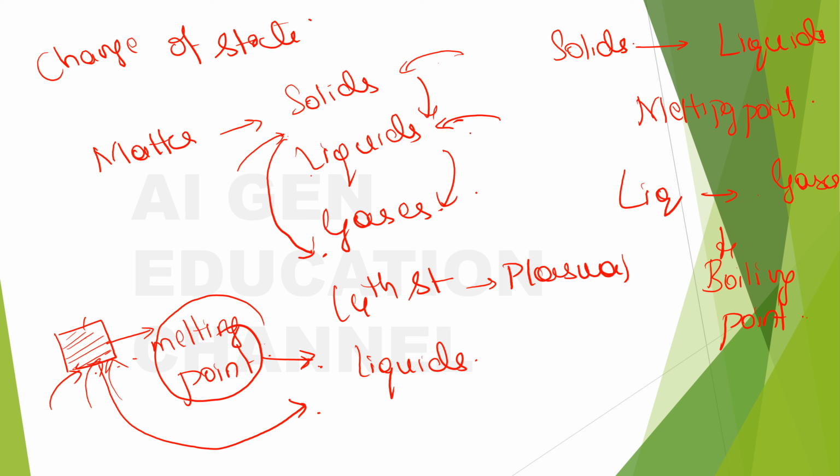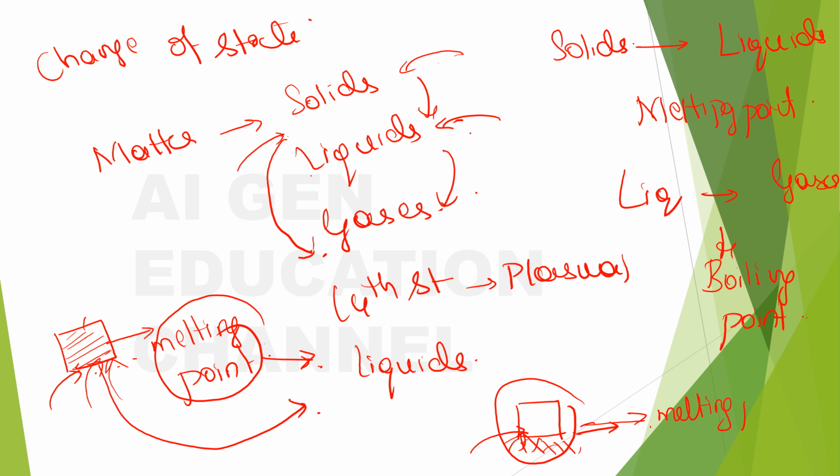So again I am telling you, don't get confused. When you take a piece of solid and supply continuous heat to it, this heat energy is taken by it, and its temperature keeps on increasing linearly till it reaches the melting point.